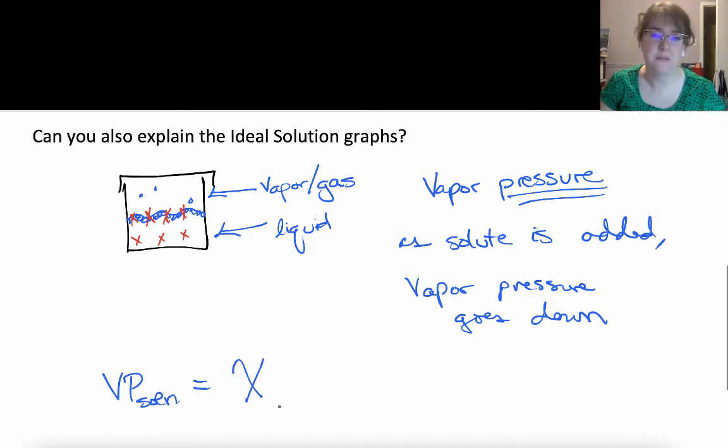So we're going to use the mole fraction of the solvent multiplied times the original vapor pressure of the solvent. Essentially we're trying to describe how much of the original solvent is still there, so we use the mole fraction of the solvent itself.